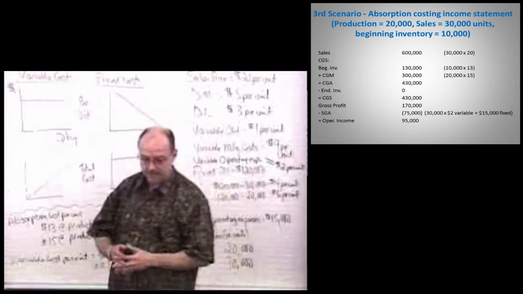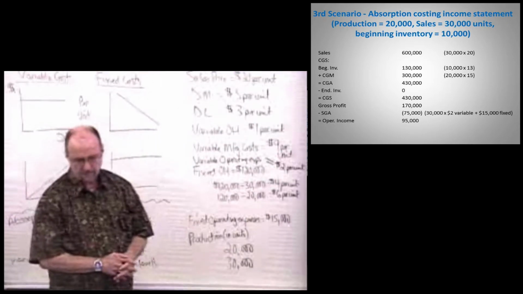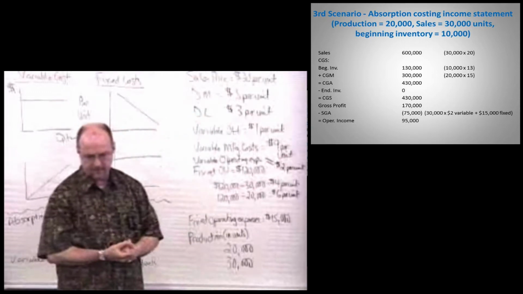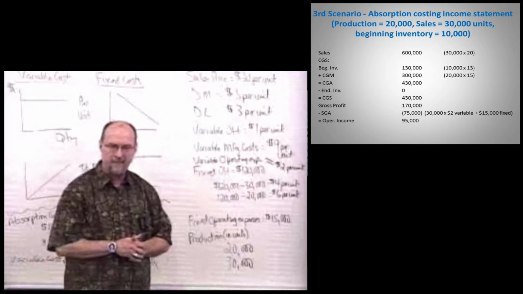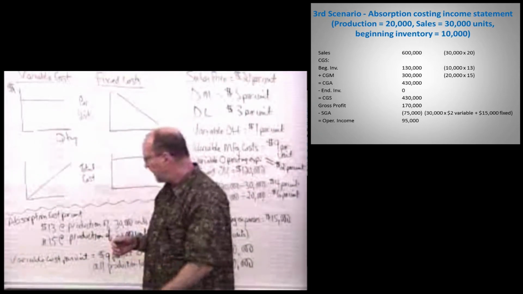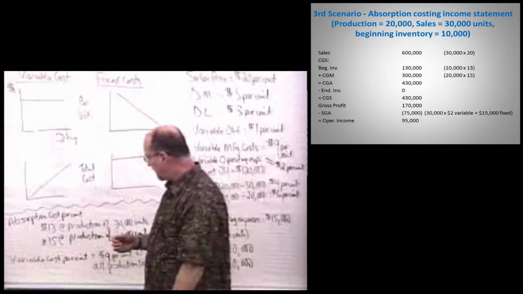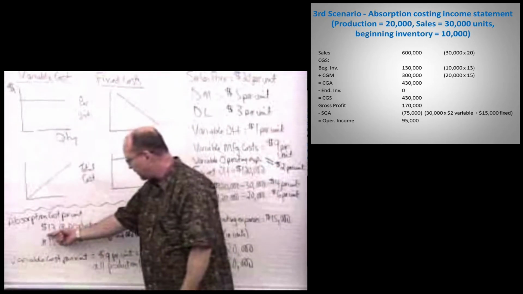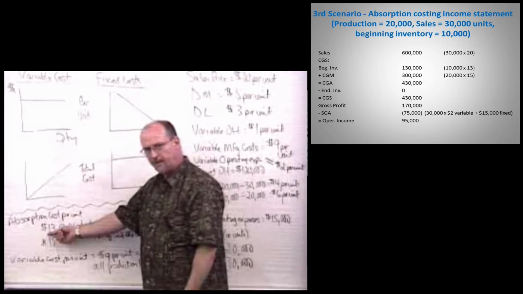So let's look at the income statement. Revenue. We sold 30,000 units at $20 a piece. That's $600,000. My beginning inventory, using the same data as from the previous period, 10,000 units. Last period we produced 30,000 units. We assume that the cost per unit was $13 per unit.